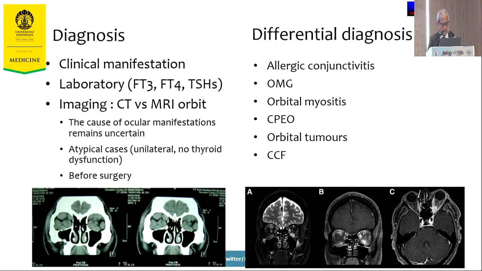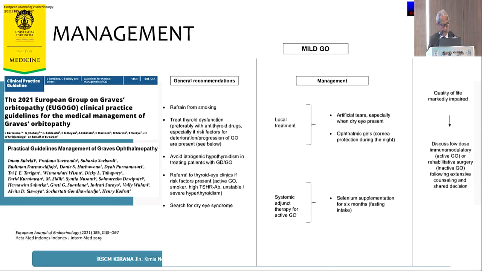Routine measurement of thyrotropin receptor antibodies is not mandatory, but when such assays are performed, they have 99% sensitivity and specificity for Graves' disease. This protocol for management of TED has been compiled by our team in our hospital and has been used to manage our patients with Graves' disease.